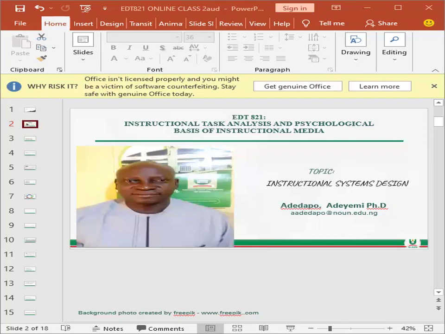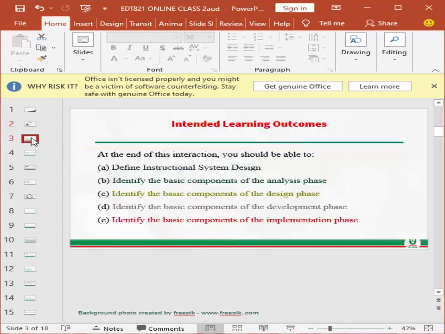What is instructional system design? Before this, we also need to mention the intended learning outcomes.